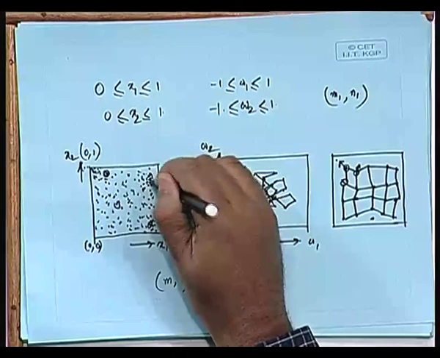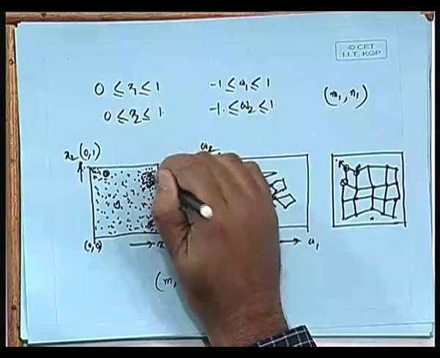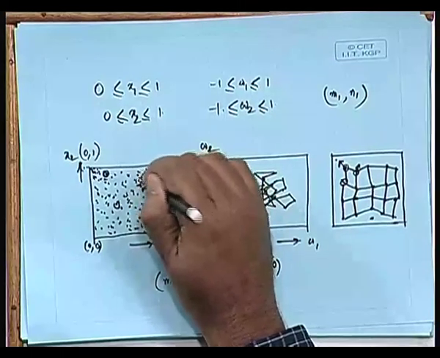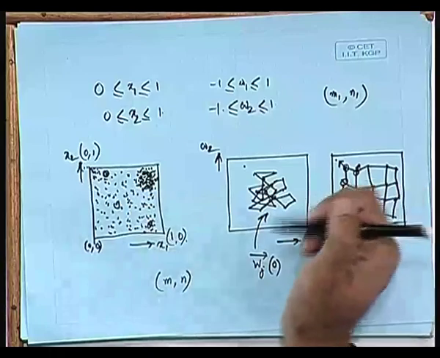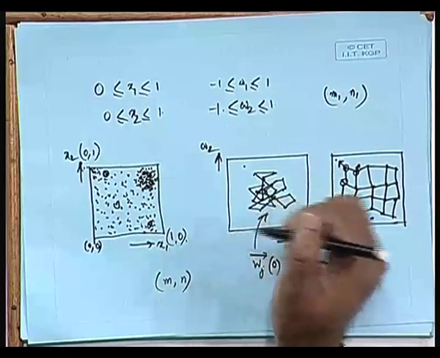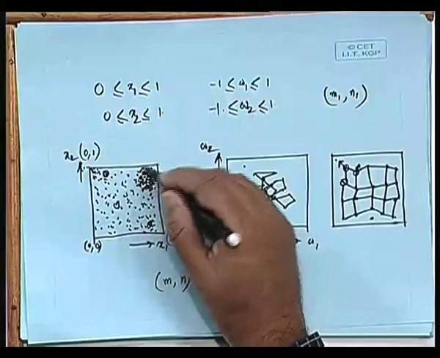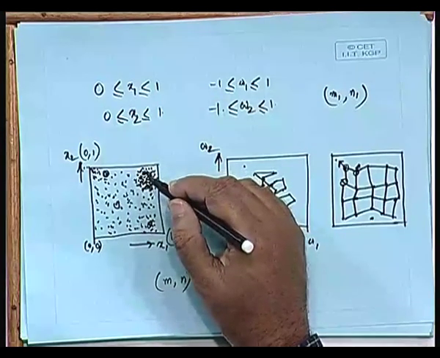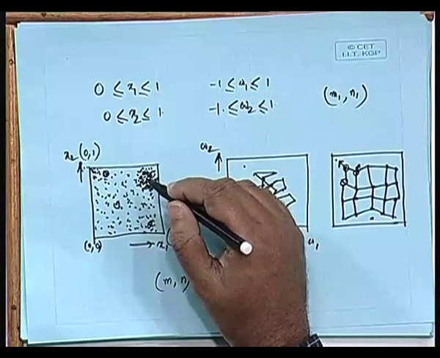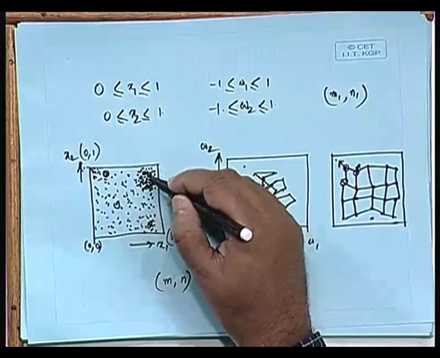Perhaps what might happen is that supposing I get more concentration of vectors over here, and less concentration of vectors over here. So, what can you expect out of the topological mapping? It will shift towards that, and not only that, because there are a large number of inputs over here, it will try to pull in more neurons. So, there will be more winning neurons there, and more of the neurons will try to accumulate there.